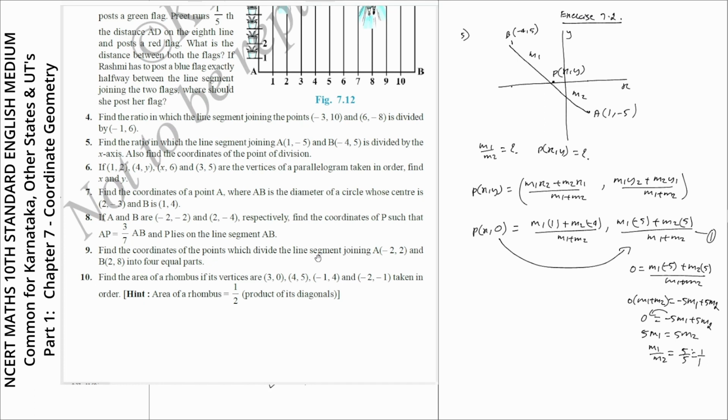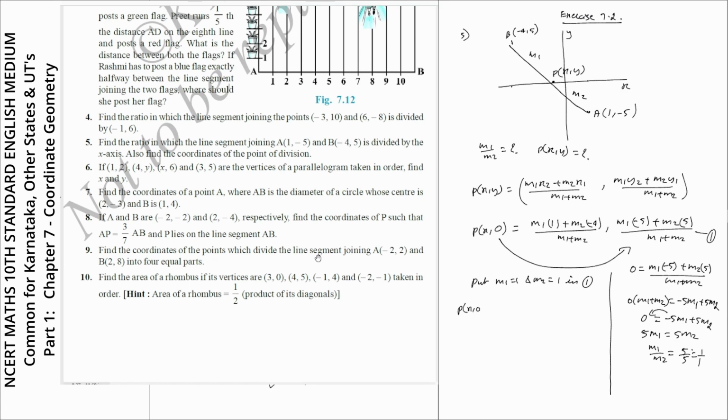Now I got the value of m1 and m2. If I put this one, I'll get the coordinates of P of x comma y. Now put m1 is equal to 1 and m2 is equal to 1 in equation 1. What will I get?